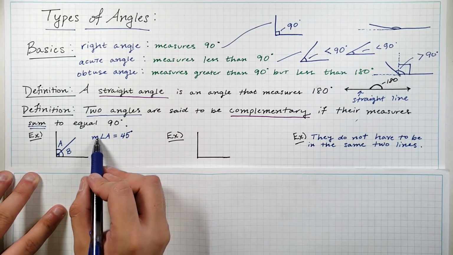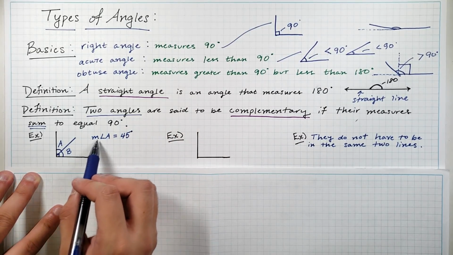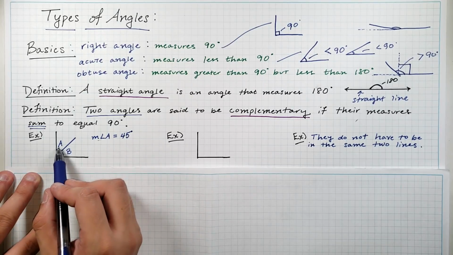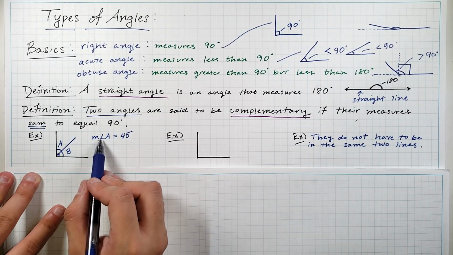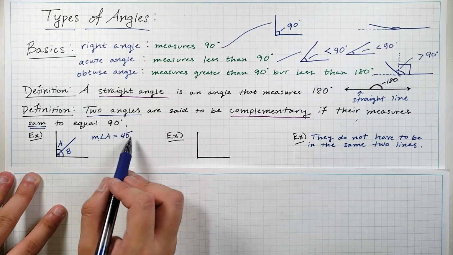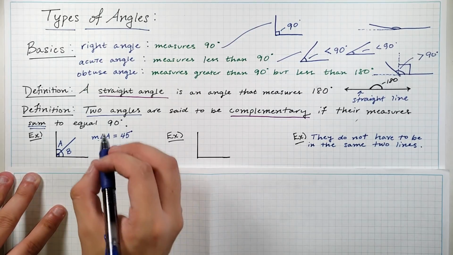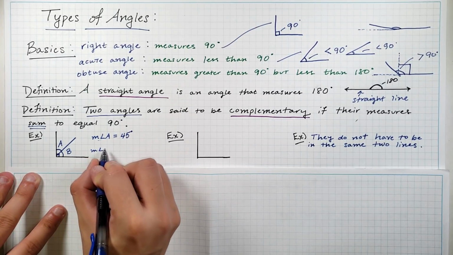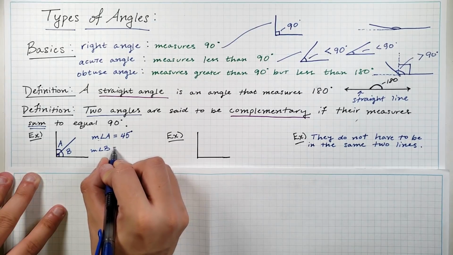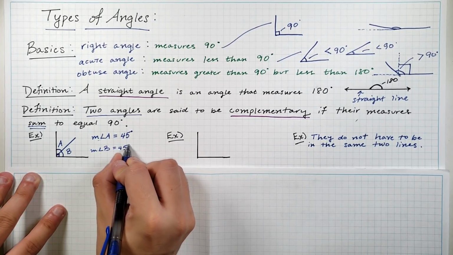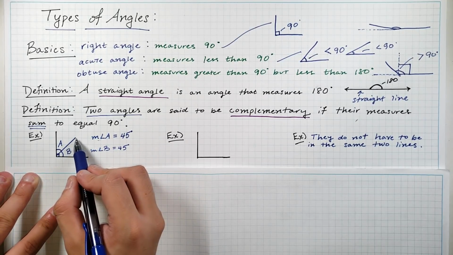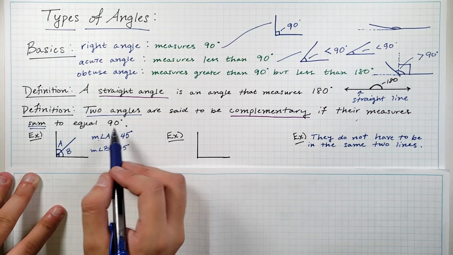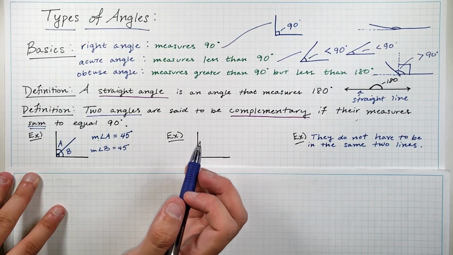I'm saying measure here because we're talking about the actual degree of angle A. M stands for measure. The measure of angle A is equal to 45 degrees, and the measure of angle B is also equal to 45 degrees, because we took a 90-degree angle and cut it exactly in two.